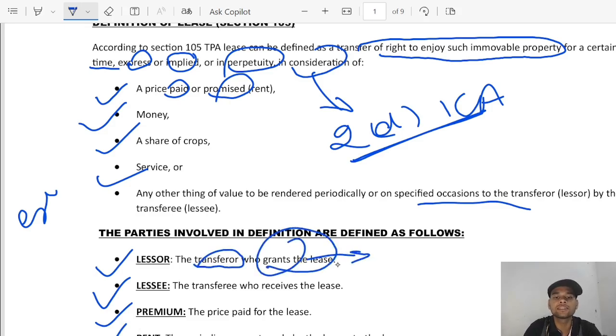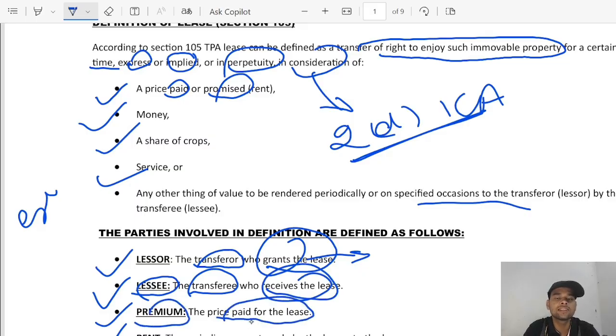The person who grants the lease is the lessor. Second is, who is lessee? The transferee who receives the lease is known as the lessee. Third is the premium. The price paid for the lease is the premium. Fourth is the rent. The periodic payment made by the lessee to the lessor is known as the rent.